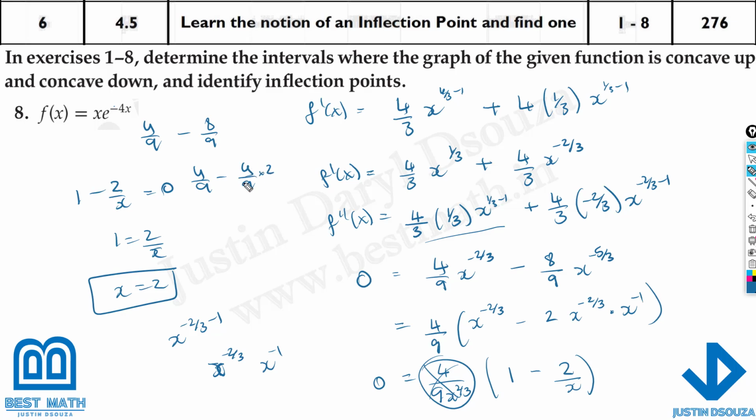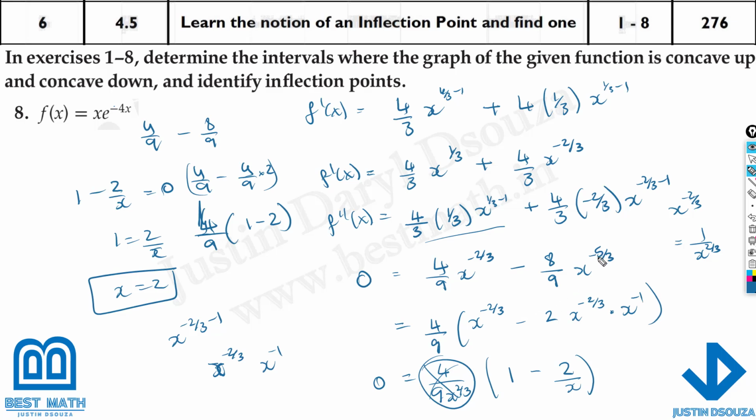Why? Because 4 by 9 times 2 is 8 by 9, isn't it? So that's why I can take 4 by 9 outside, and you're remaining with 1 minus 2 for the numbers. Then here we have x power minus 2 thirds, which is basically 1 by x to the 2 thirds itself. I hope this is clear.